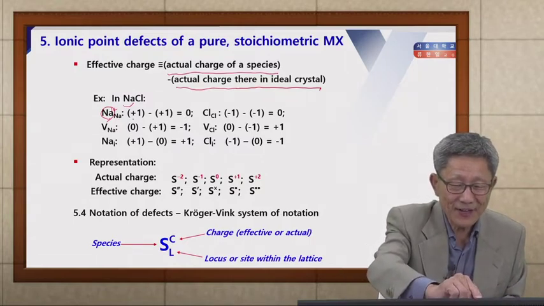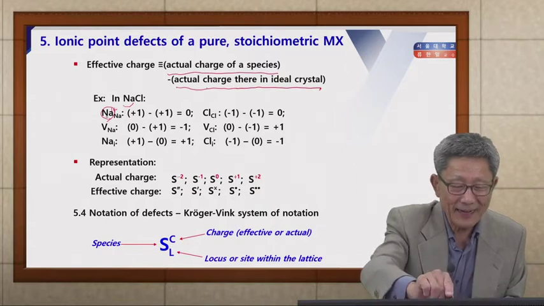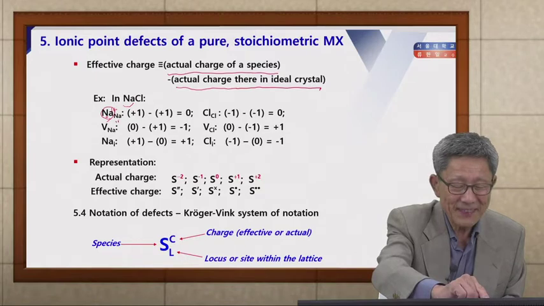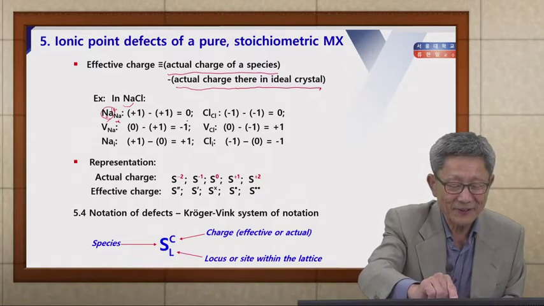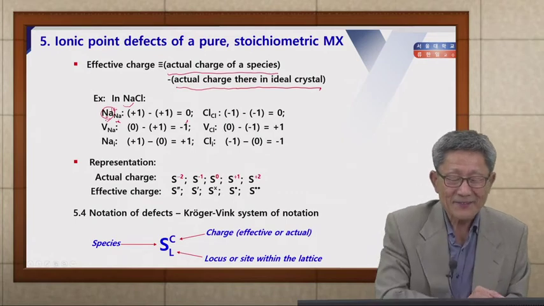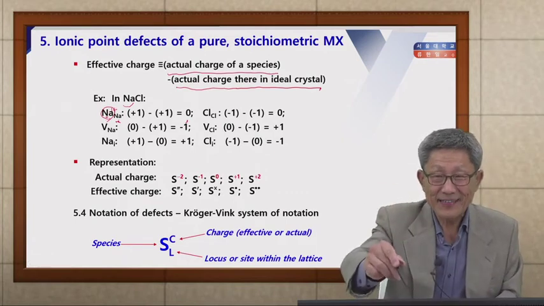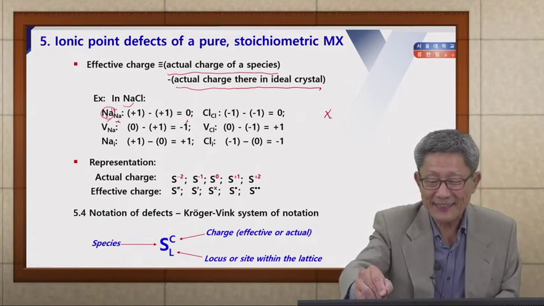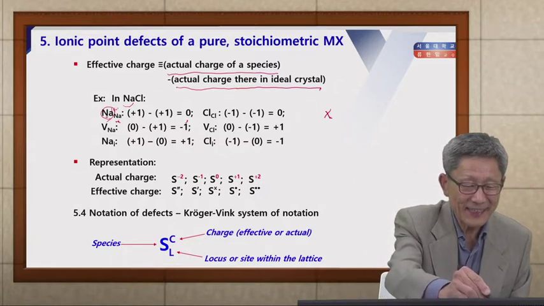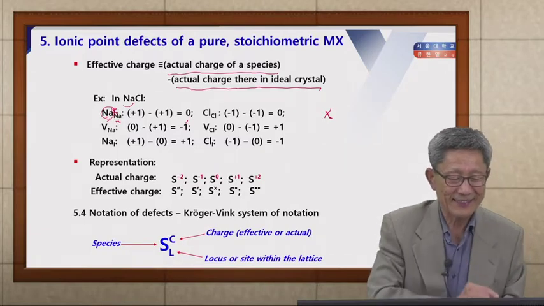So the actual charge of this species minus the actual charge of the site makes 0. Therefore, the effective charge is 0. So effective charge 0 is normally represented as just x. So we represent normal sodium on a sodium site as just x.